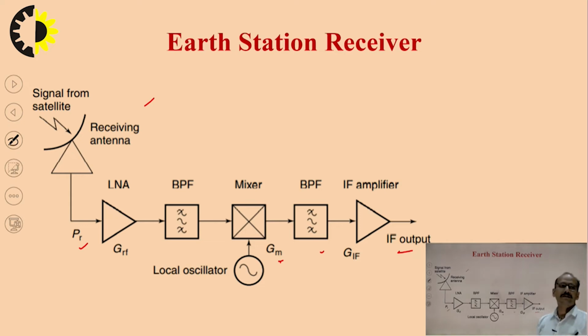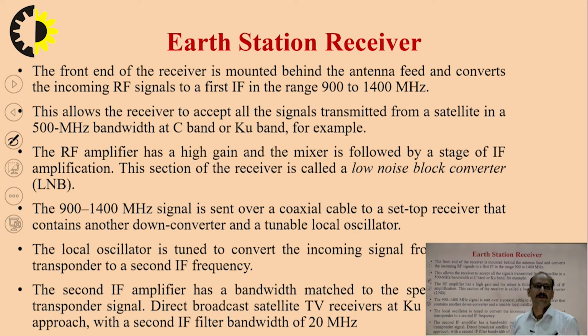So here you can see that in the receiver section, you have various amplifiers, and you have to combine all those amplifiers or gains in a single equation to calculate. So how is it going to happen? The front end of the receiver is mounted behind the antenna feed and converts the incoming RF signal to a first intermediate frequency range of 900 to 1400 megahertz.